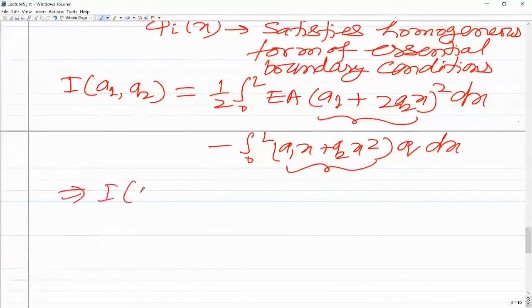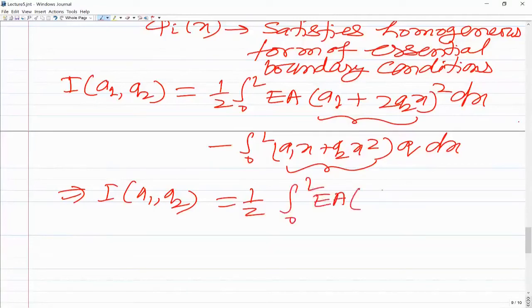So I as a function of a1 and a2 will be equal to half the integral from 0 to L of EA, and this square would be a1 square plus 4 a1 a2 x plus 4 a2 square x square, dx.